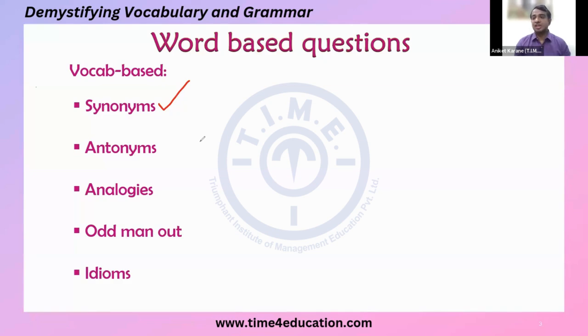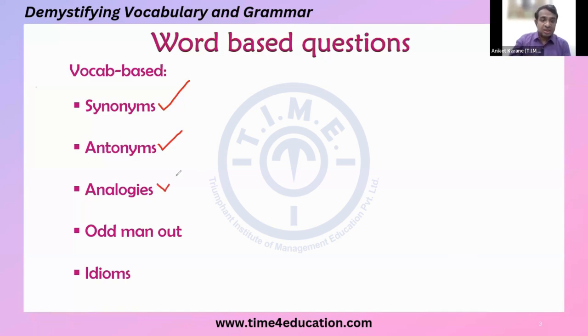So they give you a word and then they give you 4 or 5 words below them, and they ask you to find one which is similar in meaning, right? Then we have antonyms, where we are trying to figure out the odd man out, or the one that is opposite to the meaning of the word given to you as a head word.